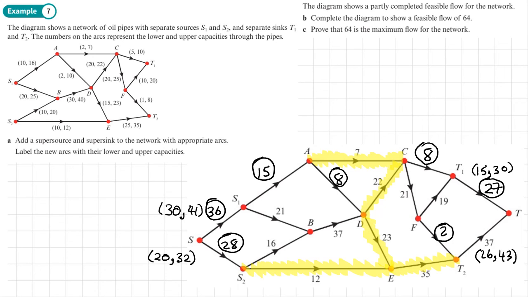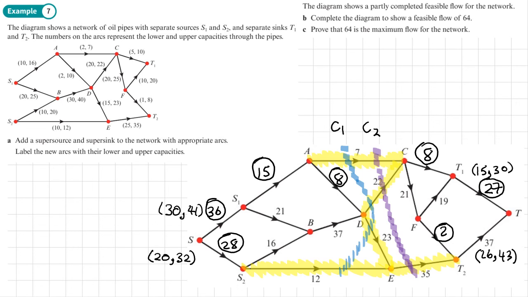So I think that's all my saturated arcs. So I want my cut to pass through there. Now I've got a couple of options. So my cut could pass through here, so I'll call that C1, or my cut could pass through here instead. We'll call this C2, but what we're interested in is to work out the value of the cut.